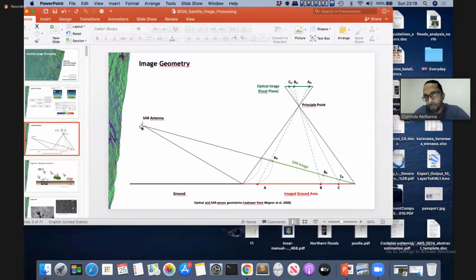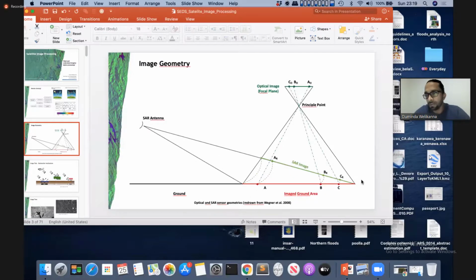But if we know the angle here, that means the angle of the slant plane with respect to this plumb line, that is the look angle, what we call, and also the angle at the bottom here, between the plumb line and the slant range, that is called the local incidence angle, then of course we can convert this slant plane to the ground range by using cos theta.